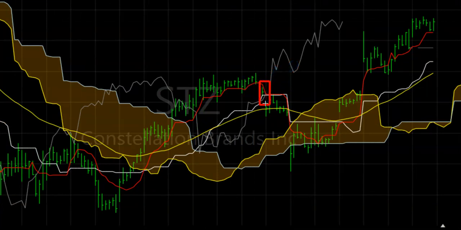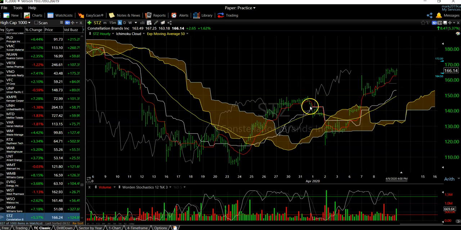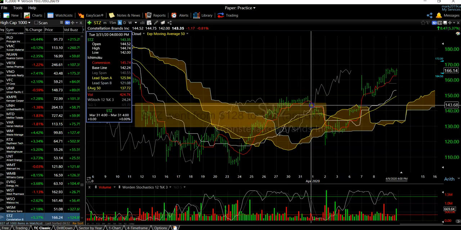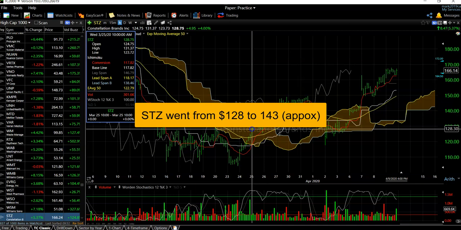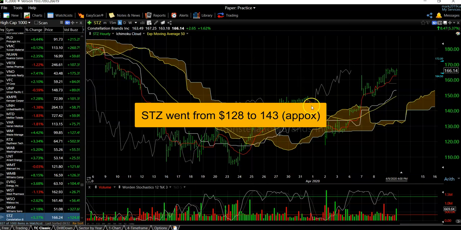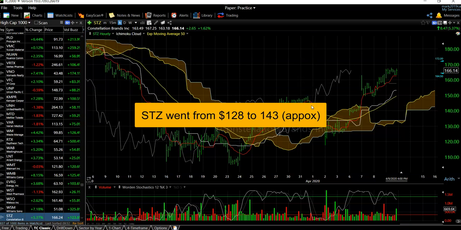It crossed the red line at about $143. So you could have bought it at 128, you could have sold it at 143. That's just the rough approximate price.